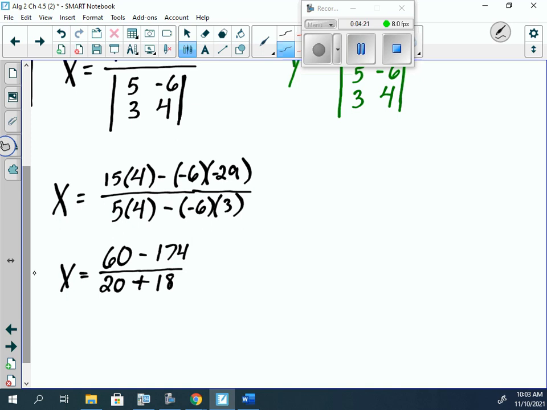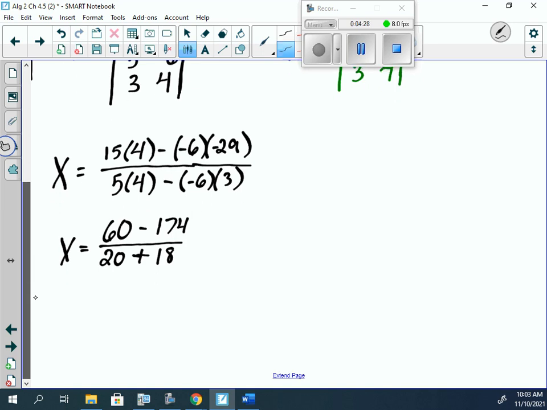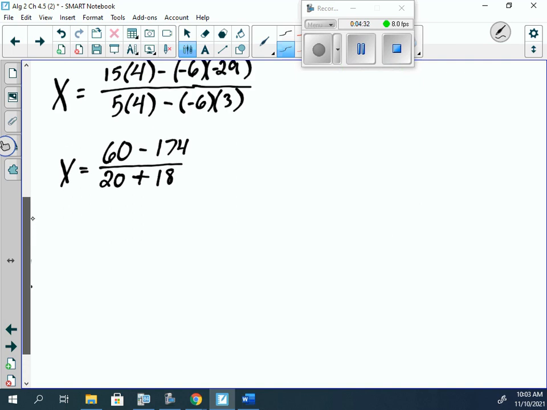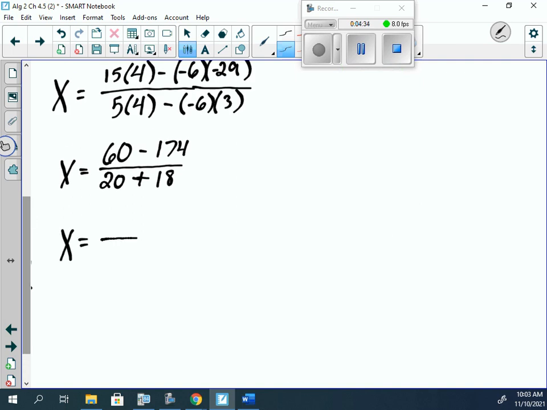We have 3 negatives, the subtraction and then the 2. Well, 60 minus 174 is negative 114. 20 plus 18 is 38.